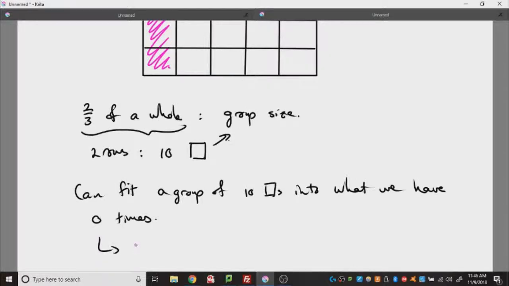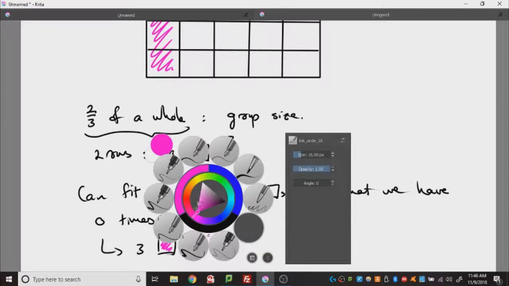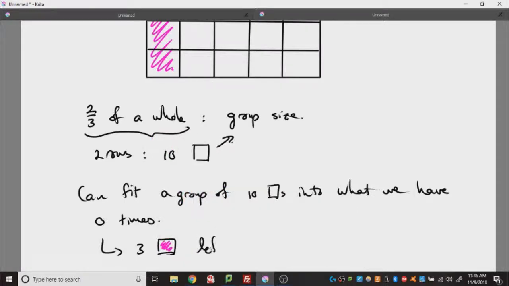And then we have 3 pink ones left over. Of what we have, we still have 3 left over. I didn't have enough to fit in the group even once. I still tried, but I just didn't have enough. I have 3 left over.